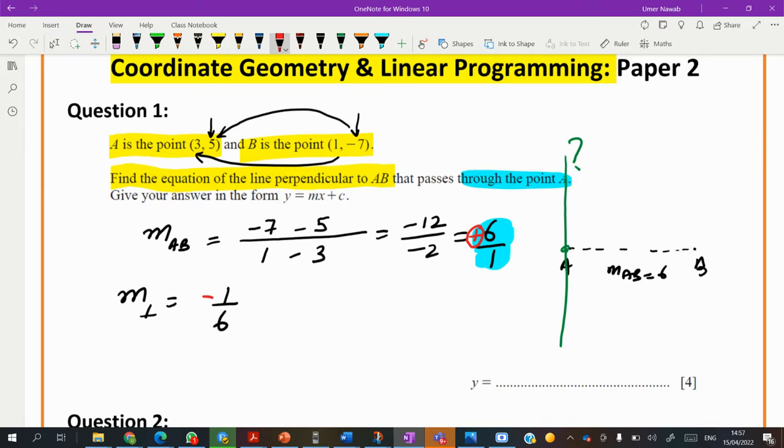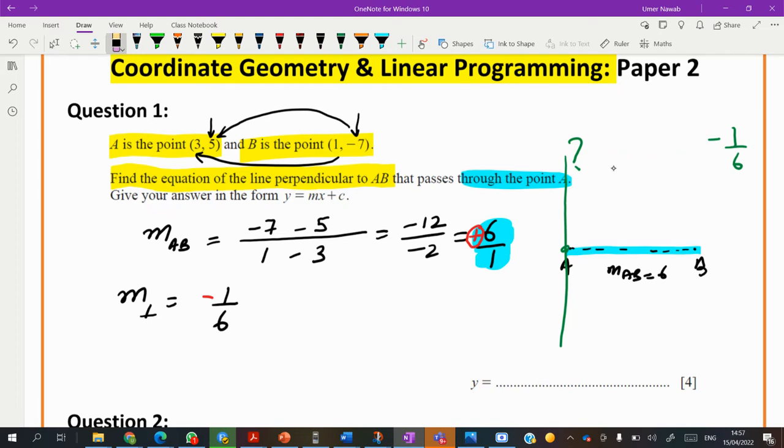So the gradient of a perpendicular line is basically the negative reciprocal of the original gradient of that line. The gradient of line AB was plus 6. The negative reciprocal of plus 6 over 1 is negative 1 over 6. So that is the gradient of the perpendicular line.